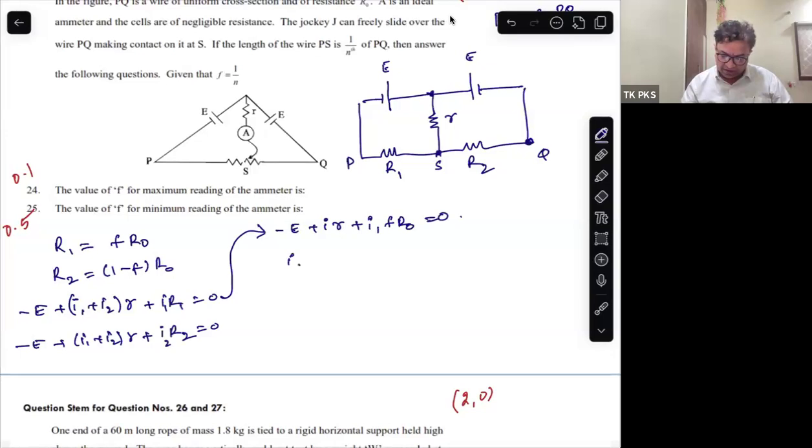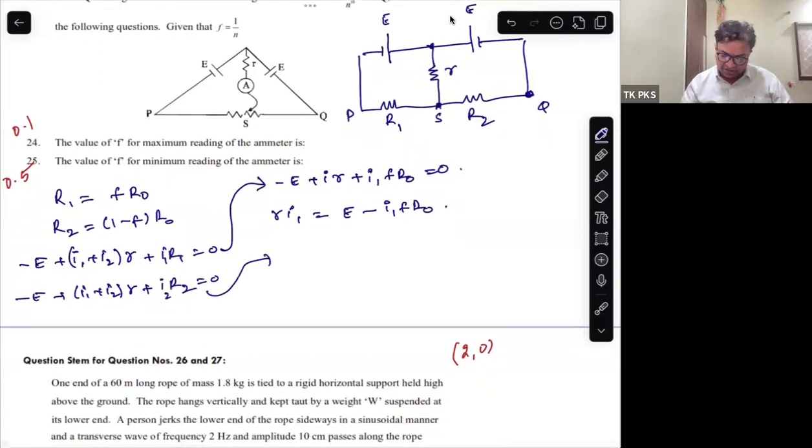Therefore, I can write I1 as E minus I1 F R0.